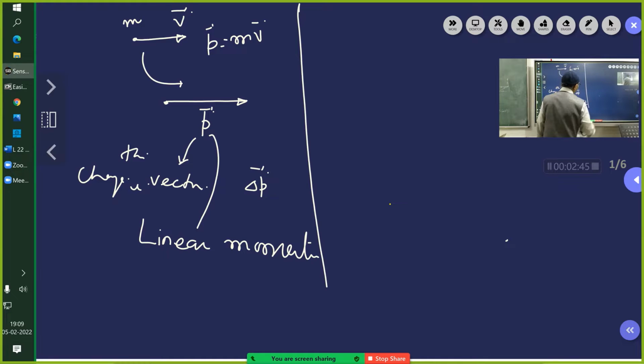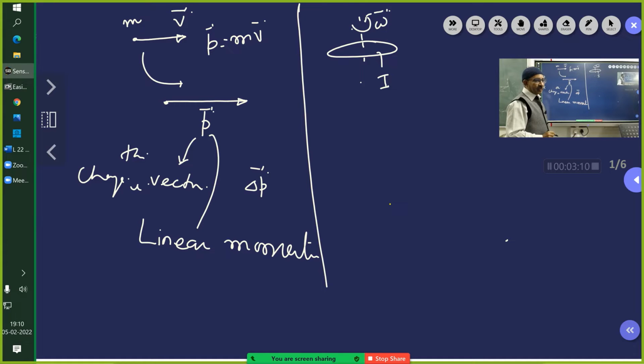Now, we create one more concept. What is that concept? Supposing there is a wheel, and if you rotate this wheel, so this wheel is having moment of inertia I about this axis, and if you give it a spin, omega, then what are you going to create?